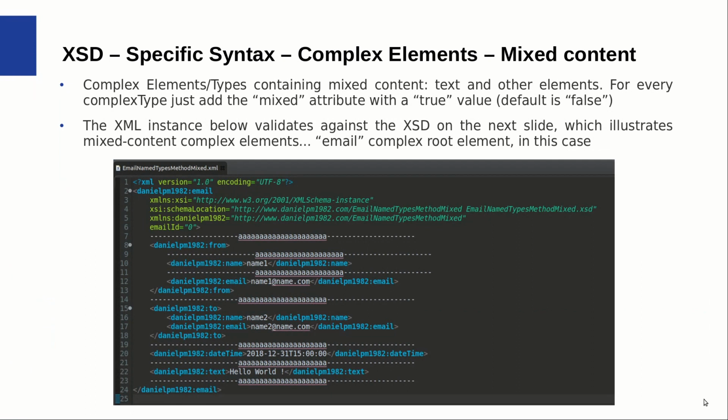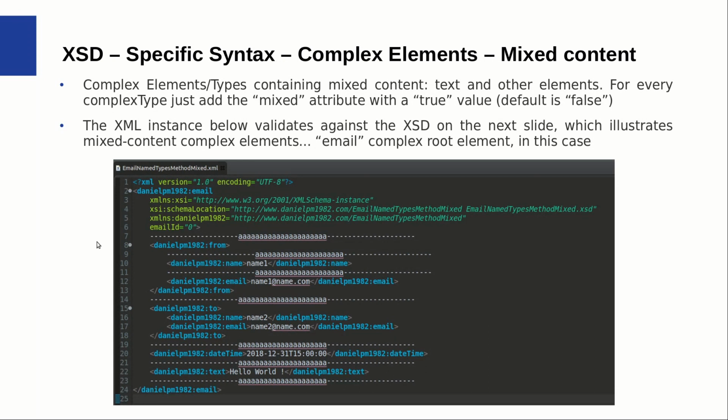And now the last type of content configuration for complex elements is the mixed content setting, which sets the option for you to use the XSD to validate elements that may have as content both a text or element content.